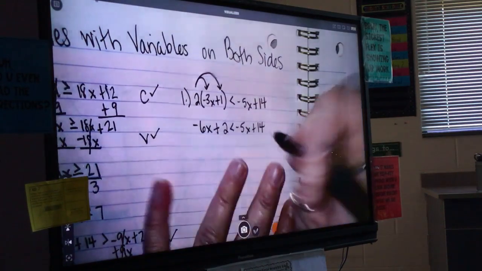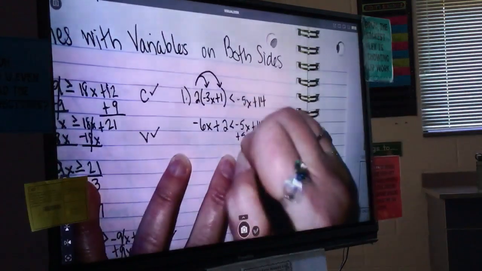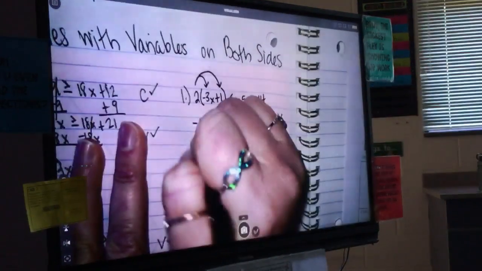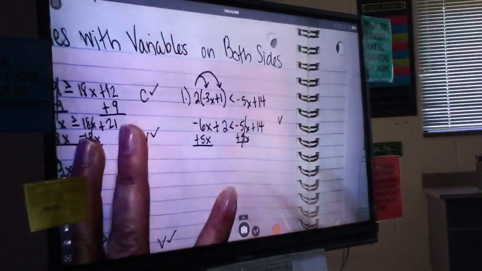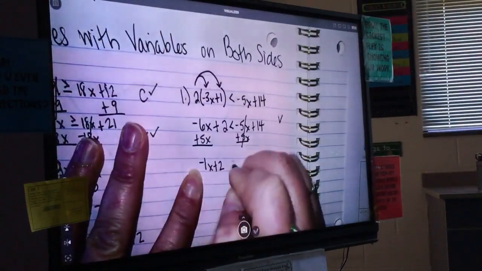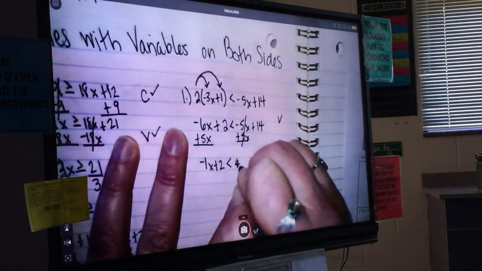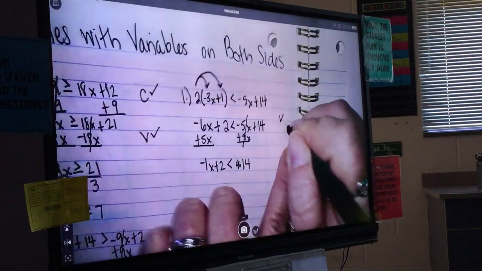Let's start with the variables. I'm going to add 5x here, and cancel that out. I'm going to add 5x here. This becomes negative 1x plus 2 is less than, sorry, that should just be a 14. My variables are done.